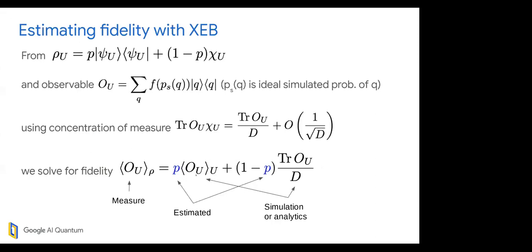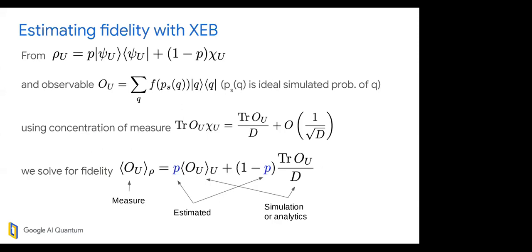It's just the average of the Hilbert space. And now we need to do something else with the observable applied to the ideal output. Now, concentration of measure will also apply to the ideal output if we just choose a typical observable. So that's why we need to really fine-tune the observable for this particular ideal state, the state that we expect out of the ideal random circuit.